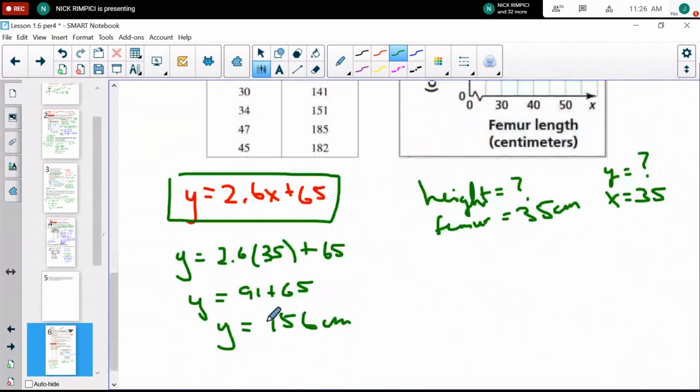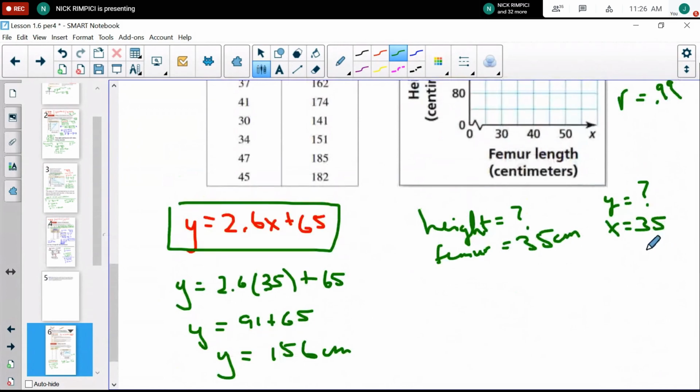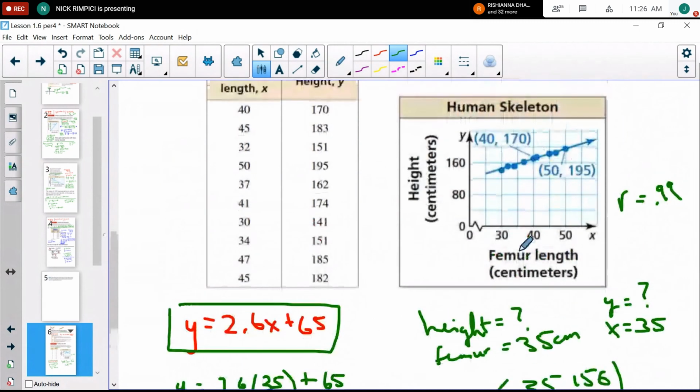Let's just make sure that kind of makes sense. 35, 156. Let's see if this coordinate is close to the line at least. 35 is like here, and 156. These are going by 40, this is 120.